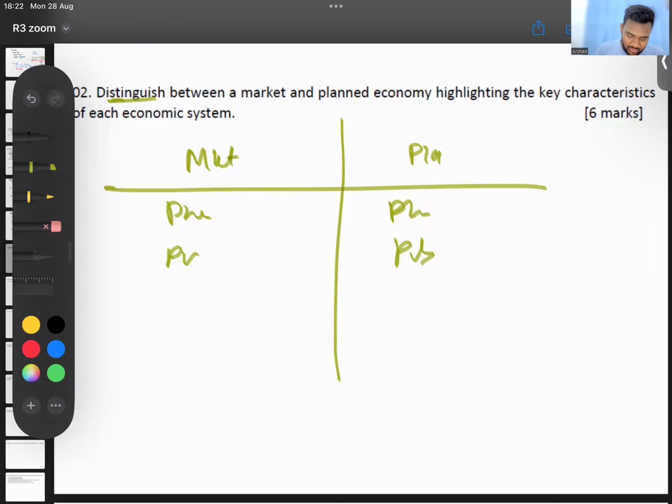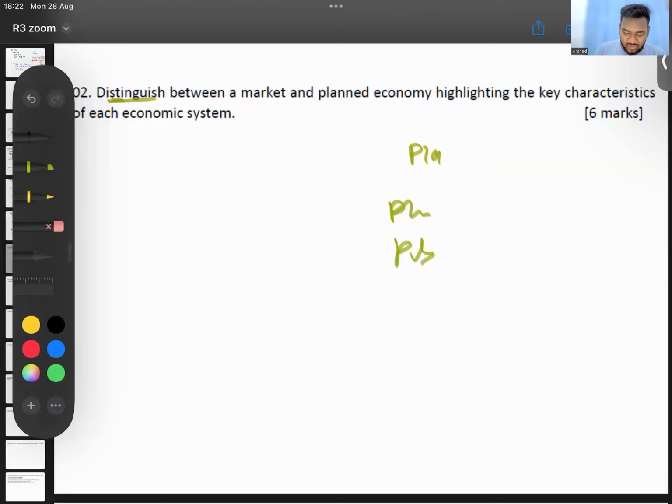You all know the differences, guys, so I'm not going into detail, but I'll tell you one way how to write this. You have to write your answers like this. I'll just give you one point. Ideally, write 4 to 6 points.